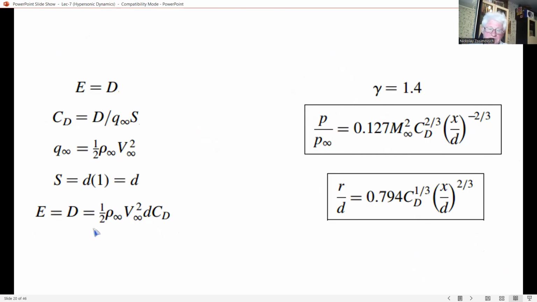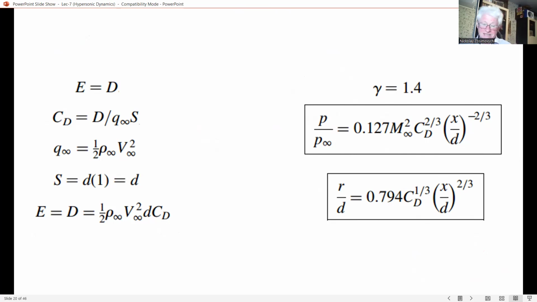Using this equation, along with the previous one, and for normal conditions, namely for gamma equal 1.4, the details are left. Imagine it may be your homework problem. That's very simple, for somebody who is interested.